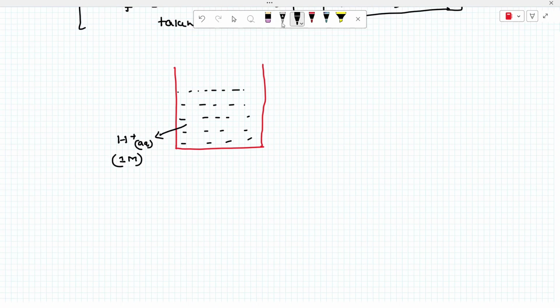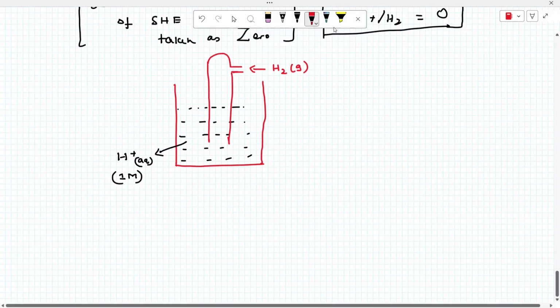Now, inside this container I am going to pass hydrogen gas. I pass H2 gas. Now see, gas and aqueous, we need which surface? Platinum surface.